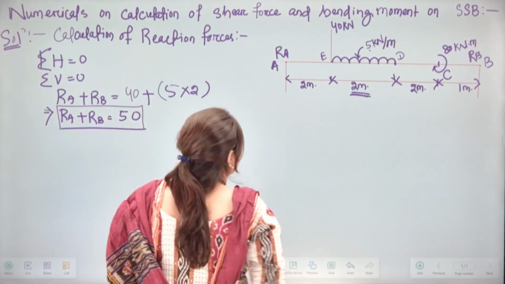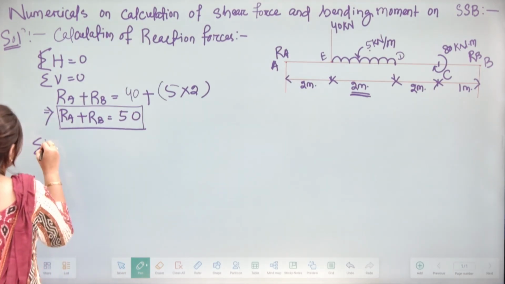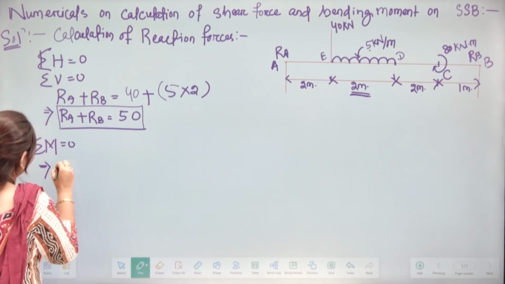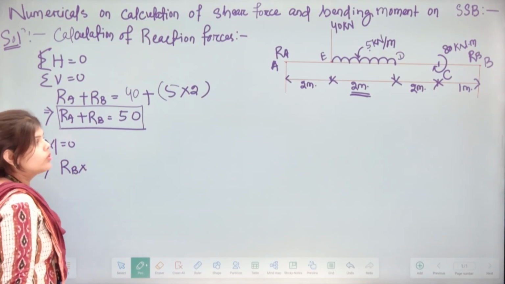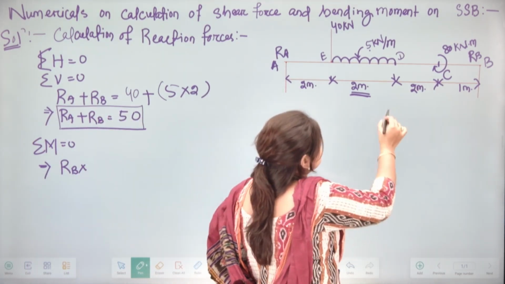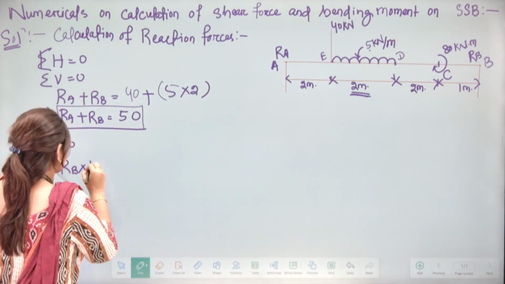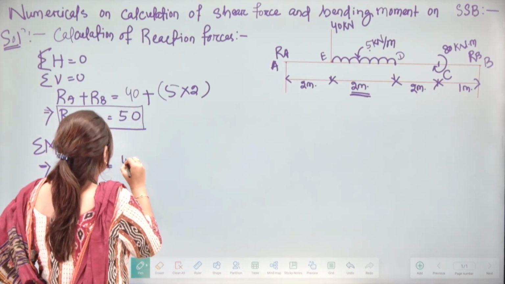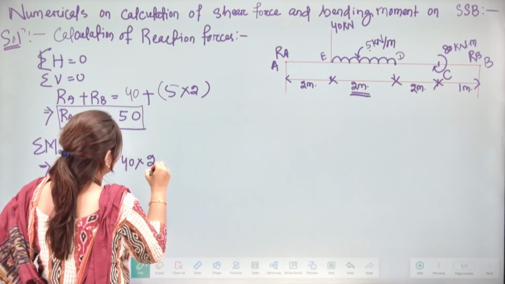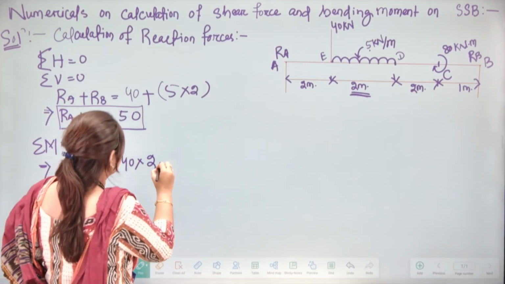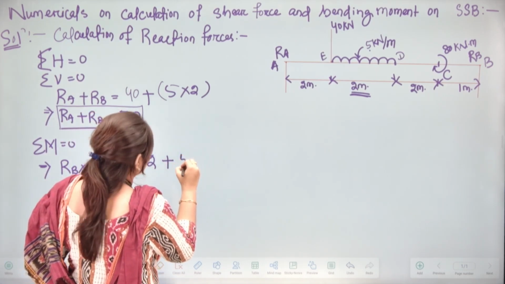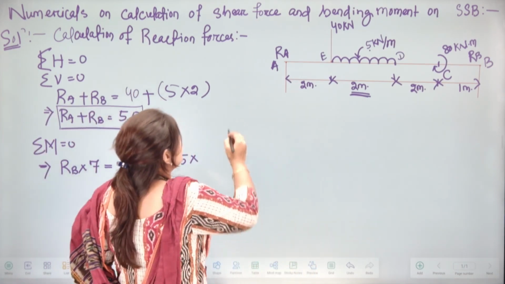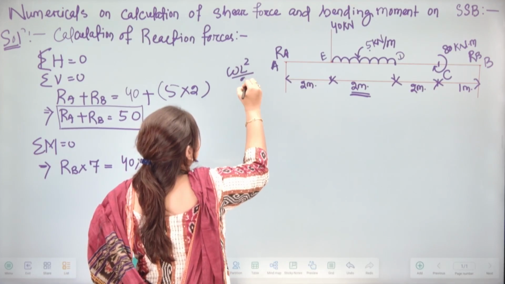Now, let us go to the calculation of moment. Summation of M is 0, and we will have Rb into the whole distance. The distance here is 7 meter. So Rb into 7 is equal to 40 into 2 plus 5 into... you can remember, when we have one UDL, the formula for UDL is W L square upon 2.